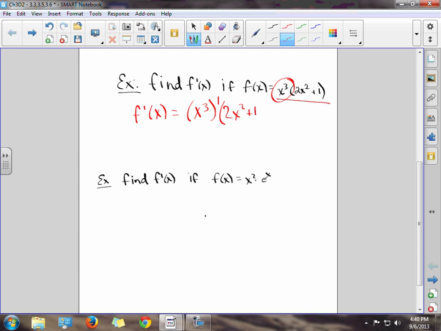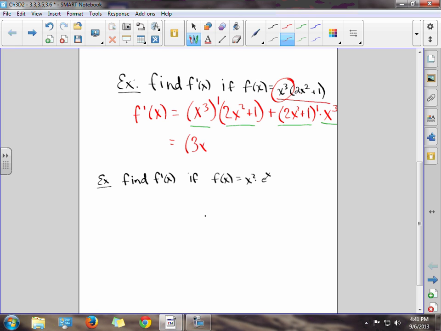Times the second piece, just the way it is, plus the derivative of the second piece times the first piece. So it's f prime of x times g of x plus g prime of x times f of x. So now let's actually use the power rule and take the derivative of these pieces.